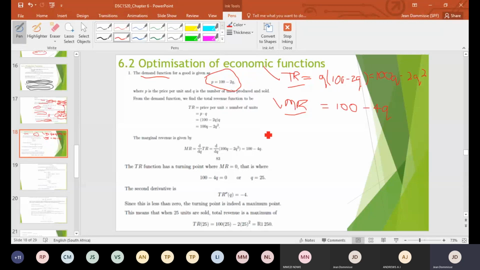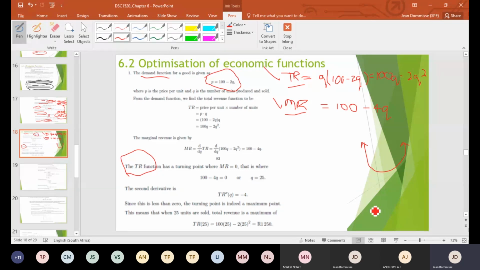Okay, so now they're bringing in the work that we've done at the beginning of the morning, to say, let's work out what is the turning point of the total revenue curve. If we had that as my total revenue curve, I'm just drawing one.